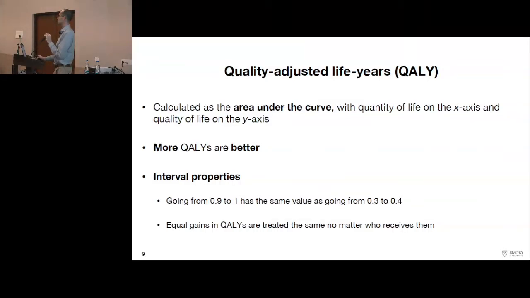So let's say we gain 10 QALYs by implementing an intervention. It can be either 10 people gaining 1 year of life in perfect health, or it can be one person gaining 10 years of life in perfect health while the remaining 9 would die. Is that the same thing? It's hard to answer this question. But that's just a trade-off of this metric.